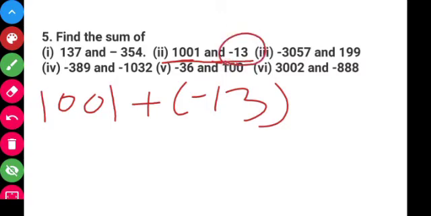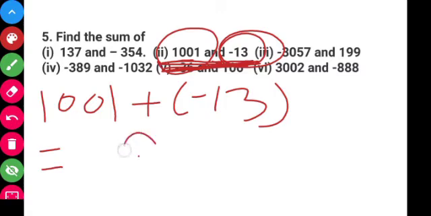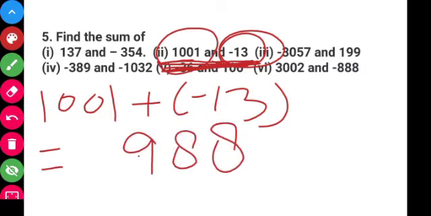Okay. Now here this is the sum of two integers and both have different signs. This has a positive sign and this has a negative sign, so we have to subtract. So 1001 minus 13 is 988. Okay, so subtract 13 and now put the sign of the bigger number.